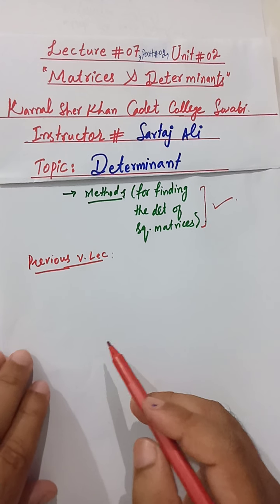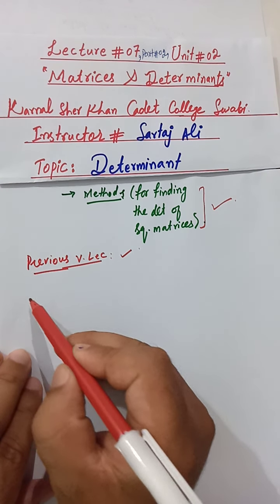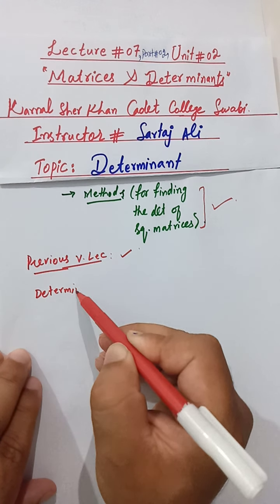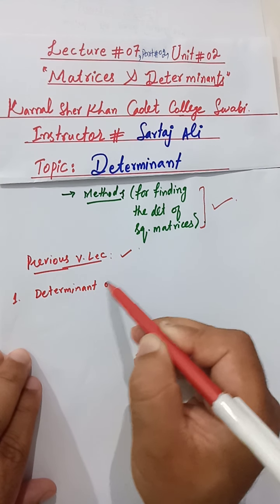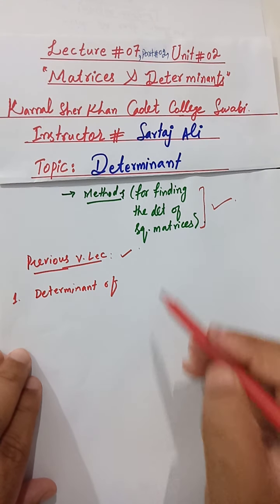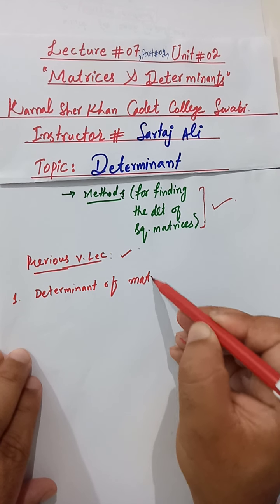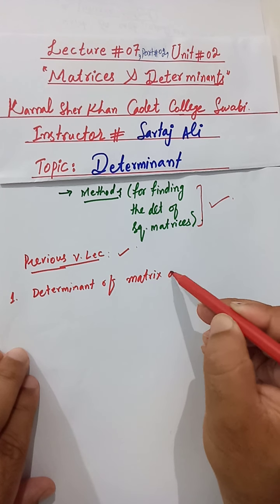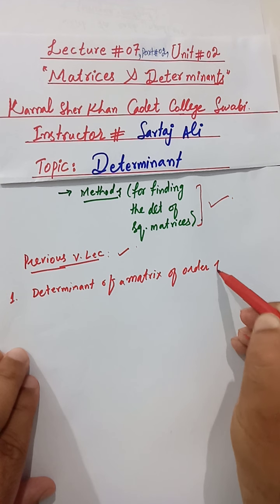Okay, now first number, determinant of a matrix of order 1.